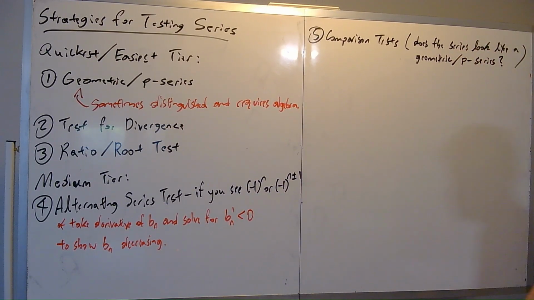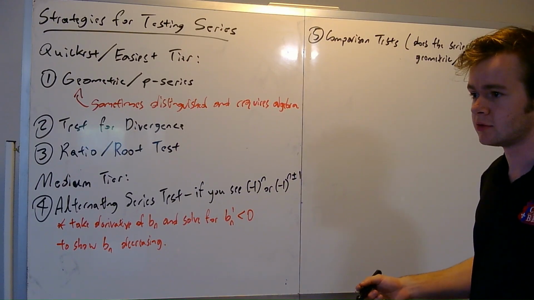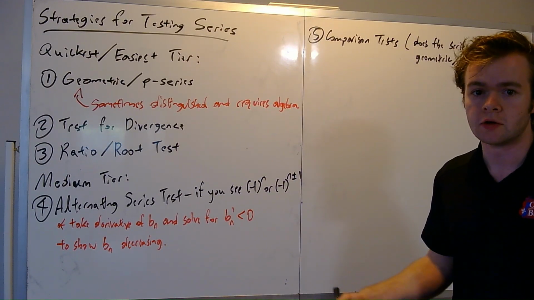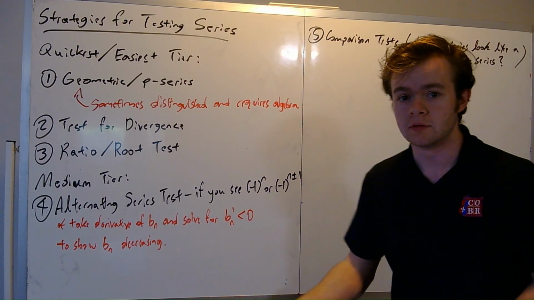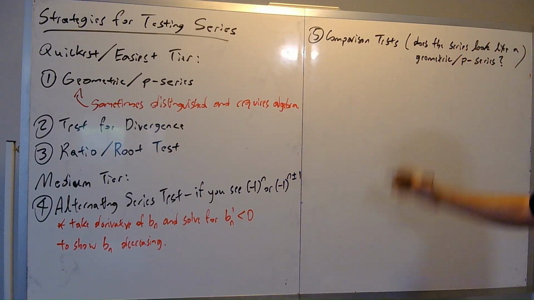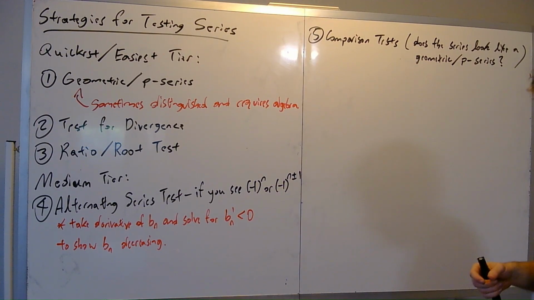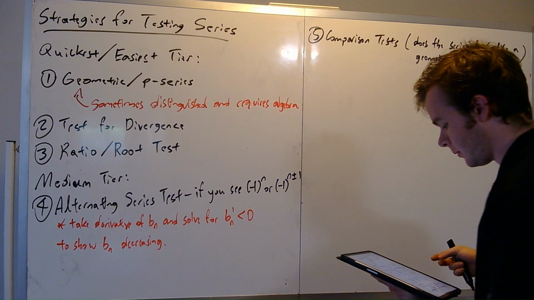Right, so when I say looks like, I'm saying just, well, maybe it looks very close, but instead of maybe say 1 over n squared, you have, let's say, 1 over n squared plus 1. Then that looks very close, but it's not quite the same thing, so we're going to use the comparison test to compare the two series.